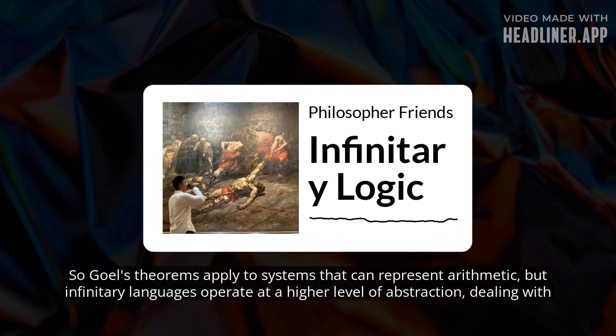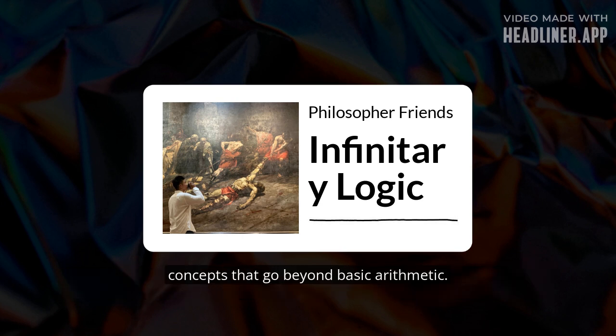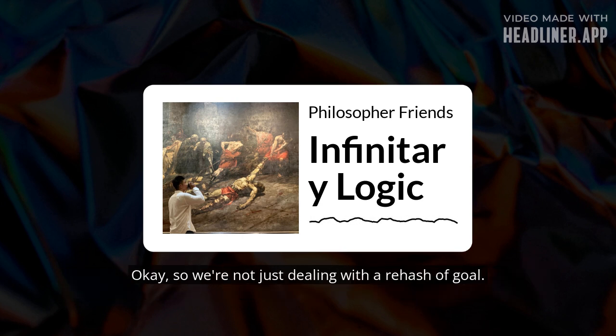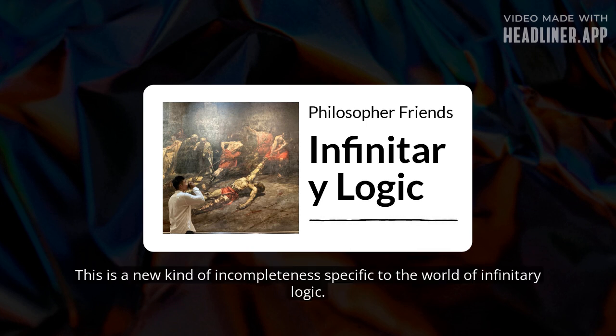Gödel's theorems apply to systems that can represent arithmetic, but infinitary languages operate at a higher level of abstraction, dealing with concepts that go beyond basic arithmetic. Okay, so we're not just dealing with a rehash of Gödel. This is a new kind of incompleteness, specific to the world of infinitary logic.